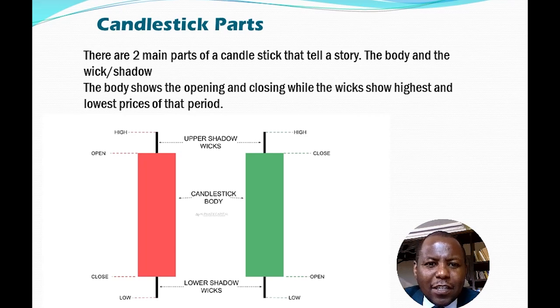The top of the wick is the highest point that price came to. Then the body, where the body starts, that's the opening, where the market started for that particular asset on that particular time frame. If you're dealing with 1 minute, that's where the 1 minute started.